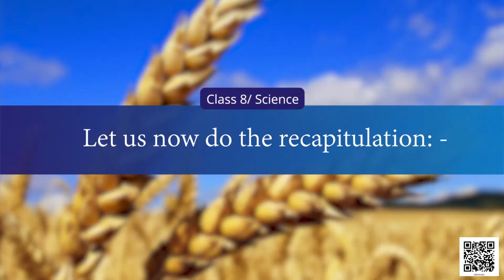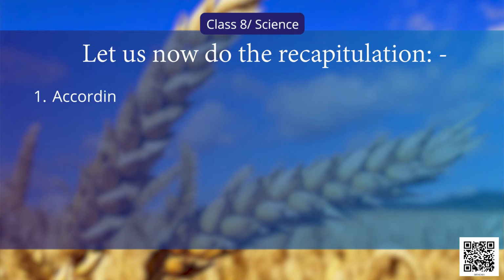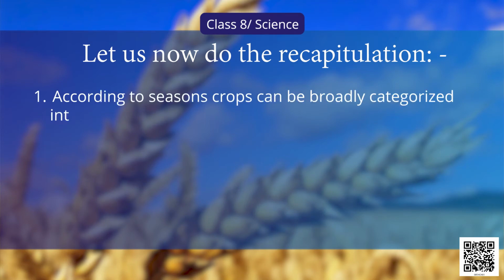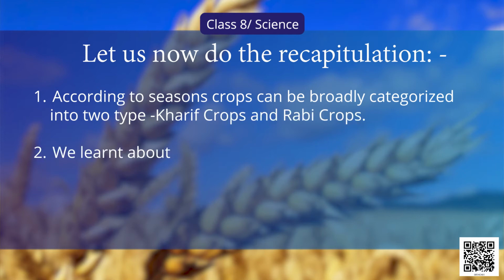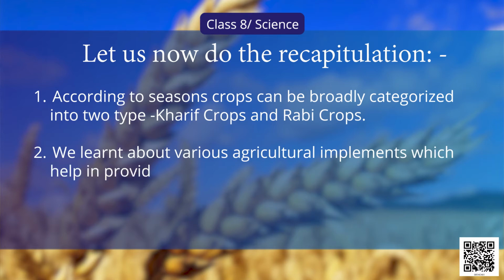Let us now do the recapitulation. According to seasons, crops can be broadly categorized into two types: Kharif crops and Rabi crops. We have learnt about the various agricultural implements which help us in producing good crop.